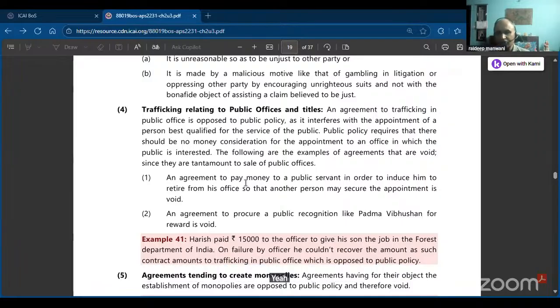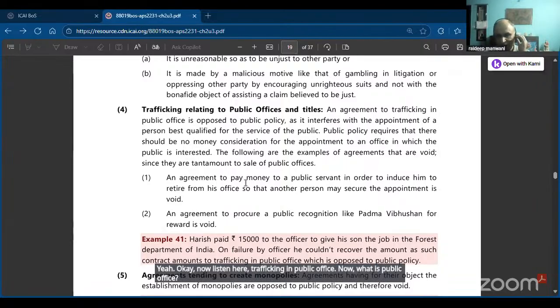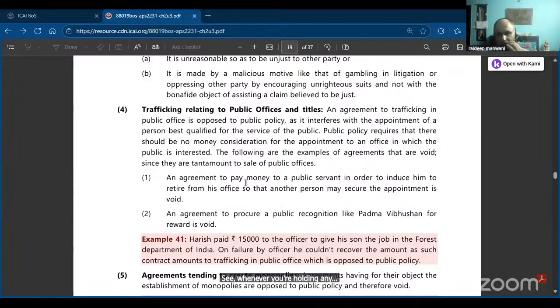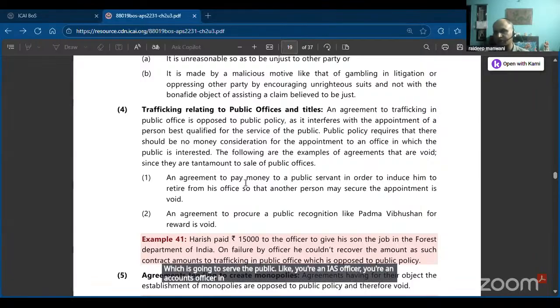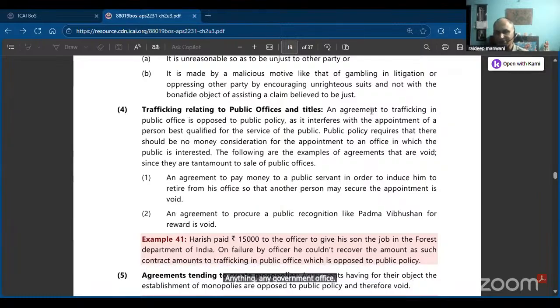Okay, now listen here. Trafficking in public office. Now, what is public office? Whenever you're holding any position in the government which is going to serve the public, like you're an IAS officer, an accounts officer in the government, a government college teacher, a secretary in the Vidhan Sabha, any government office where you're drawing salary from the government, or you're appointed as a police officer on behalf of the government, you're serving the public.